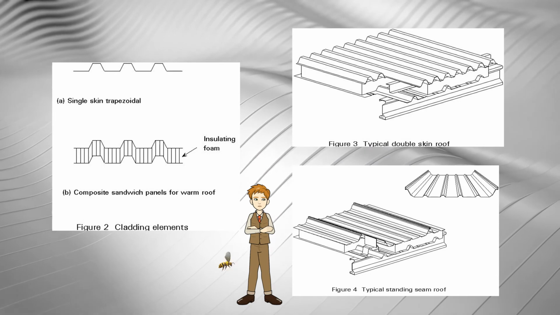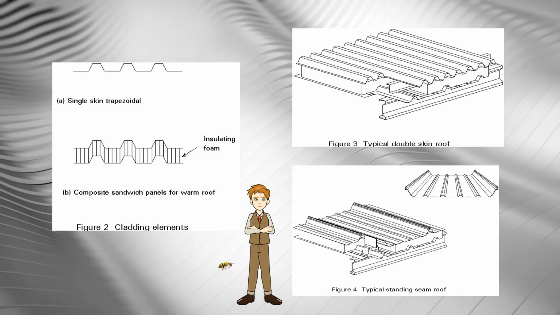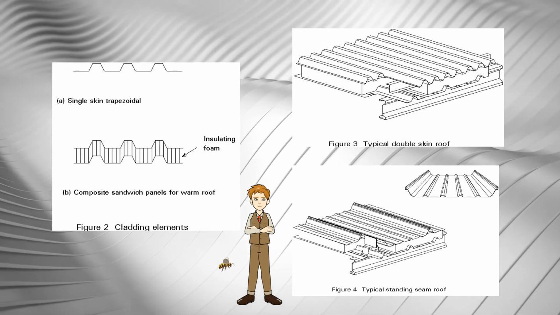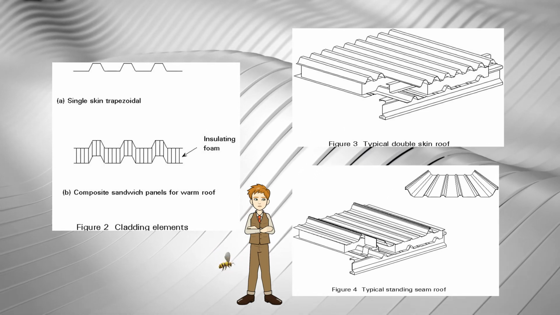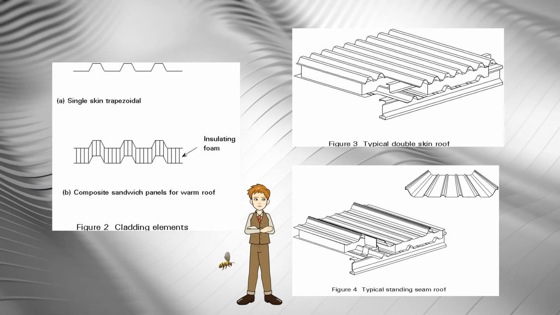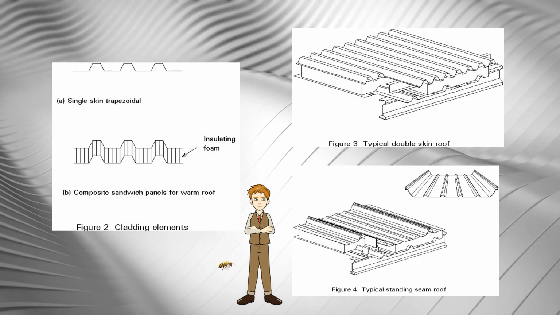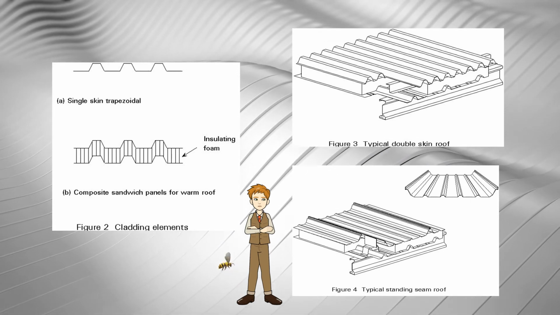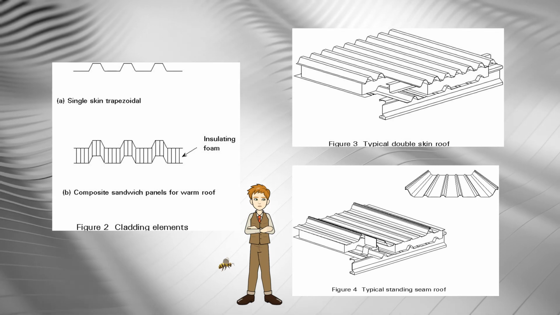The thickness varies according to the insulation required, with typical values of 0.45 watt per meter square degree Celsius being obtained from 80 mm of fiberglass or mineral wool. The equivalent in composite panels would normally be obtained from 50 mm thickness.